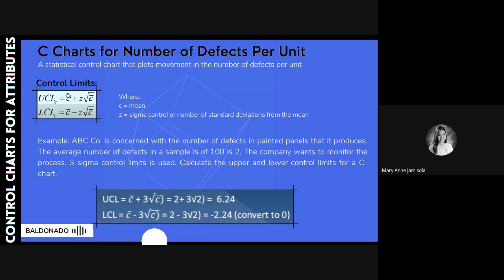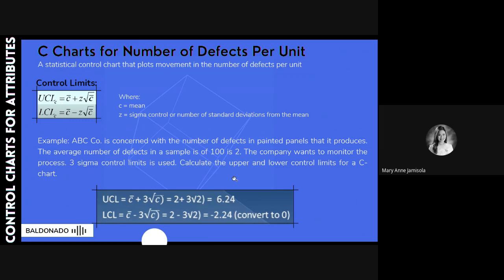We start with a mean, but this time we will use the variable C to help us determine that this is a C chart, and P for P chart. So C bar plus Z times the square root of C bar. Z still represents our Z score.